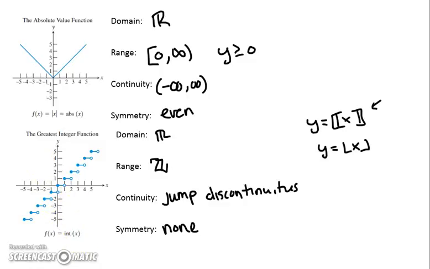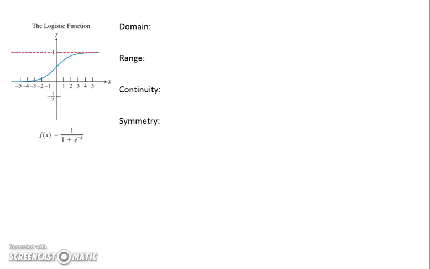And we have one last function, and this is one we're going to look at not a whole lot, but a little bit when we get into calculus next year, and this is the logistic function. So the domain is all real numbers. The range is 0 to 1, but it's going to be exclusive.